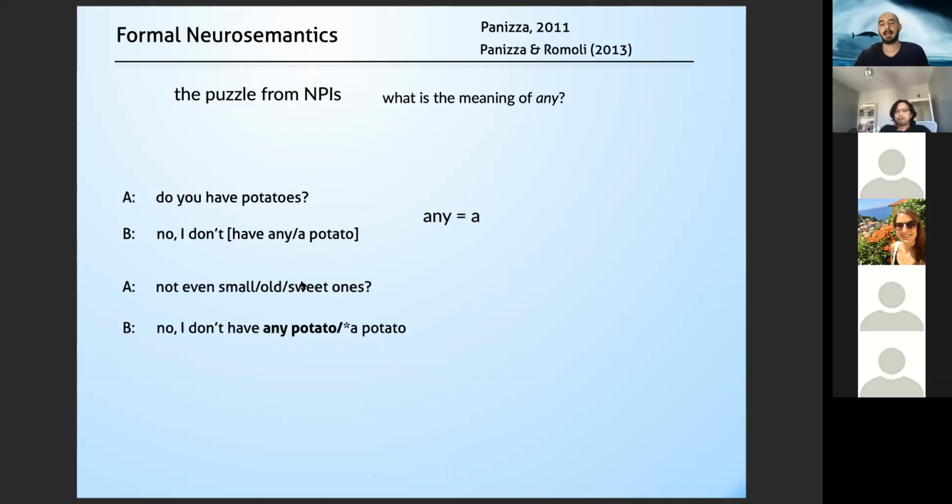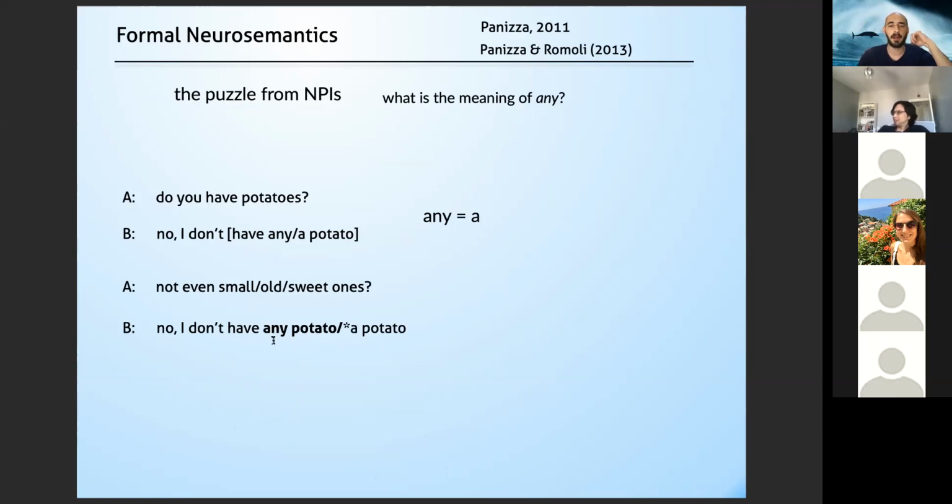So the idea is that "any" can actually attract, for instance, an emphatic focus. So if someone continues asking, you don't even have a small potato, like sweet potatoes, like old potatoes, and you say, no, I don't have any potato, okay? So that's completely fine.